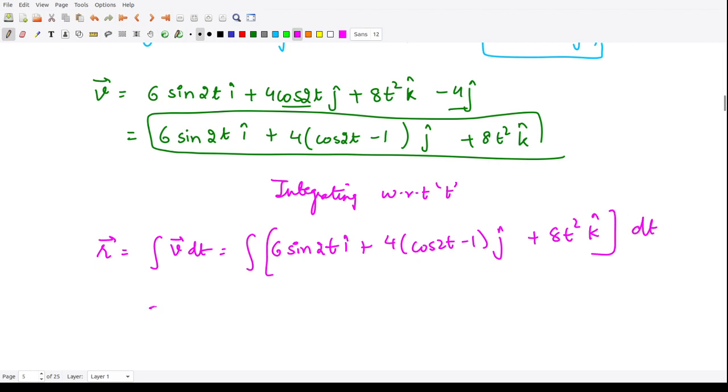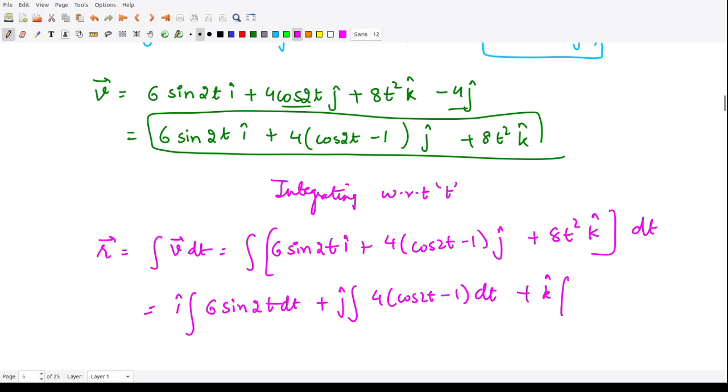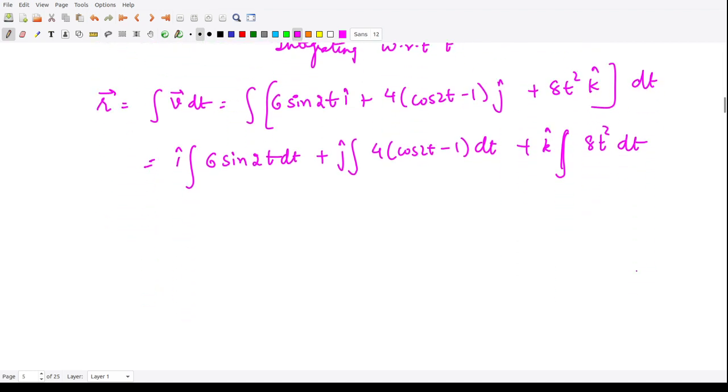So again the process is very similar. It would be I cap 6 sin 2t dt, plus corresponding to vector j cap we have 4 cos 2t minus 1 dt, and corresponding to vector k cap we have the integration of 8t square dt.